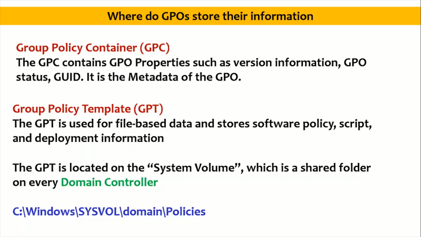The group policy container is saved in our Active Directory database, whereas the group policy template is a file-based storage, and it's stored on a shared folder named the system volume folder, SYSVOL folder. This shared folder is present on every domain controller under C:\Windows\SYSVOL.